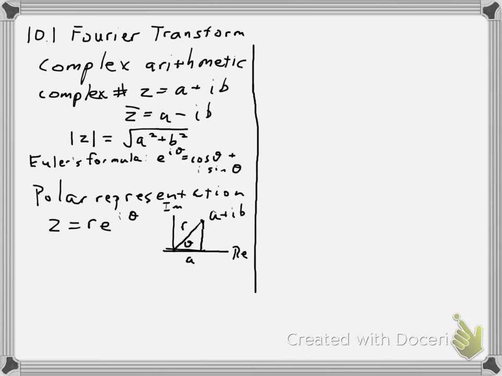This leg is a, this is b. And so we have our representation where z is equal to r e to the i theta, which is equal to a plus i times b, where r is equal to the modulus of z, or the magnitude of z, which is root a squared plus b squared, and theta is equal to arctan of b over a.